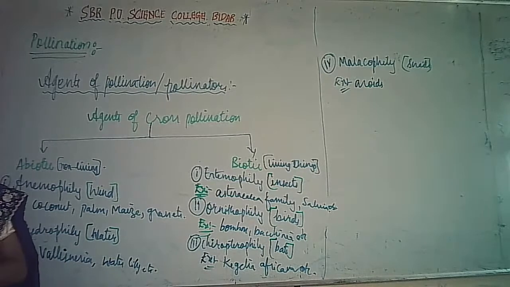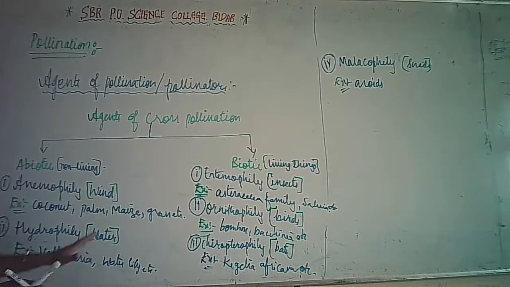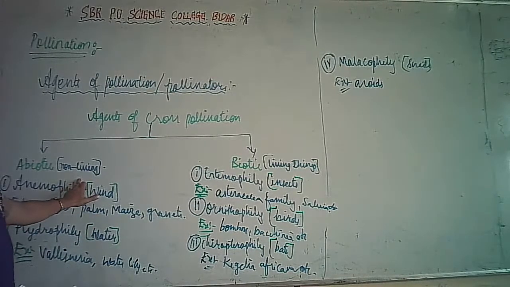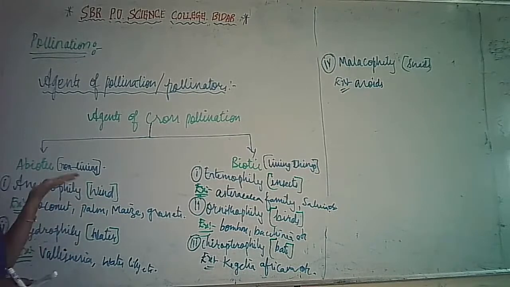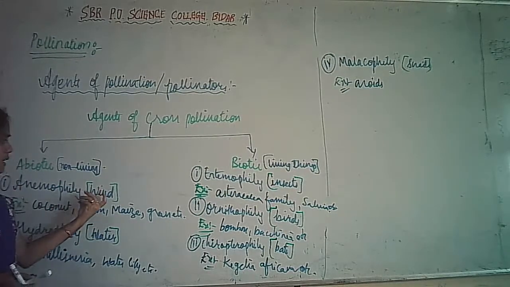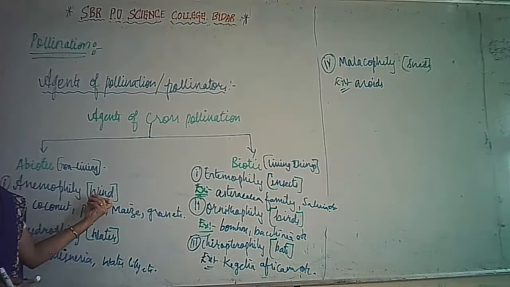Okay, so now I will tell you what are the characteristics for the plants that will help them to pollinate with the help of the wind. What are the adaptations made to adapt to wind pollination?